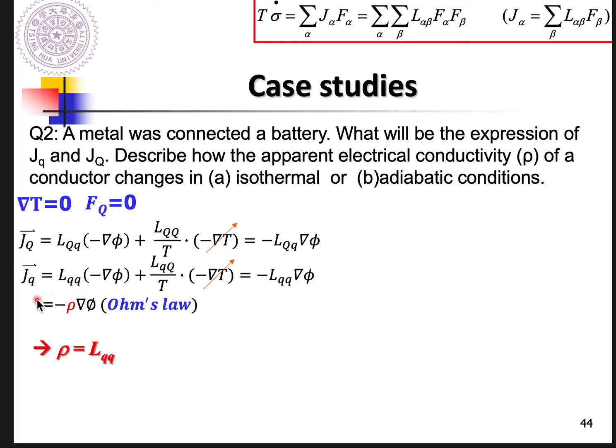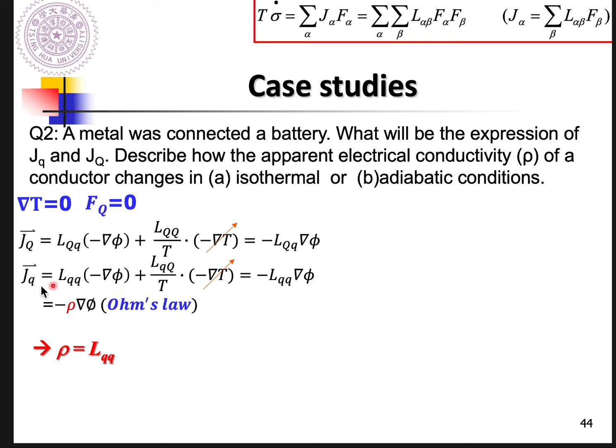And for example, this is the current density, right? Because there's no temperature gradient, only the electrical field or battery connected to these materials exists. So the driving force here is the electrical field we apply, right?